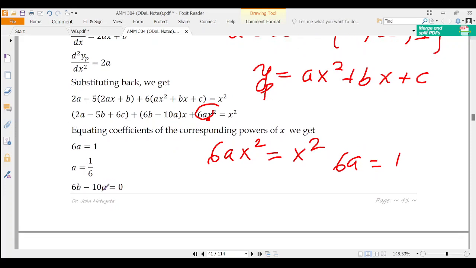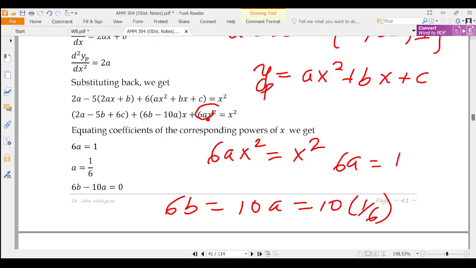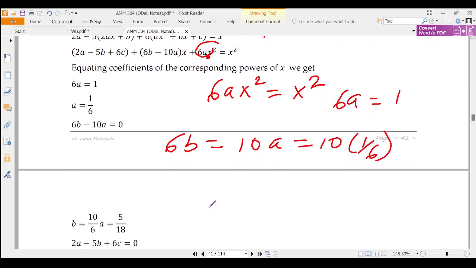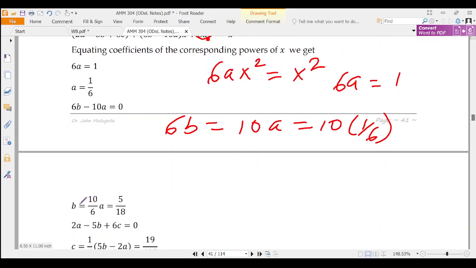So 6b minus 10a equals 0, and therefore 6b equals 10a, which is 10 times 1 over 6, because a is 1 over 6. Therefore b is 5 by 18.